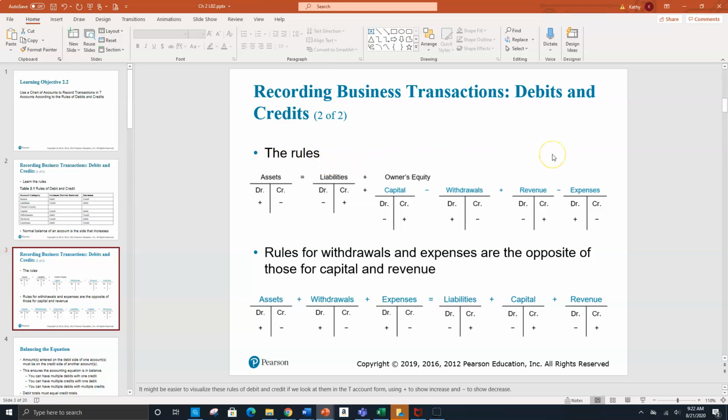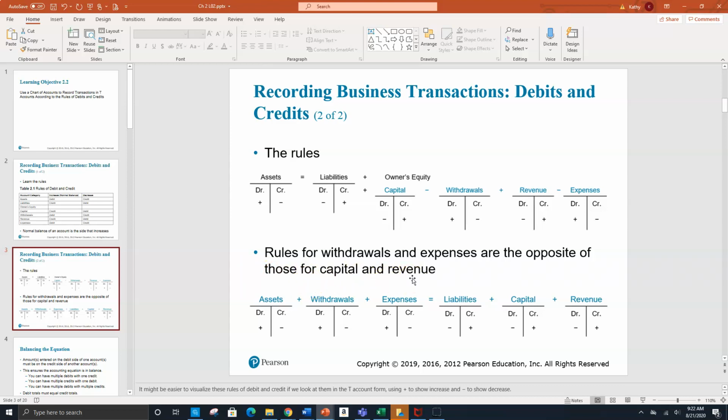Everything else over here, you're crediting to increase the account, except when these are the opposite sign. Then your rules of debits and credits change to the opposite. So down here, your rules for withdrawals and expenses are the opposite of those for capital and revenue.